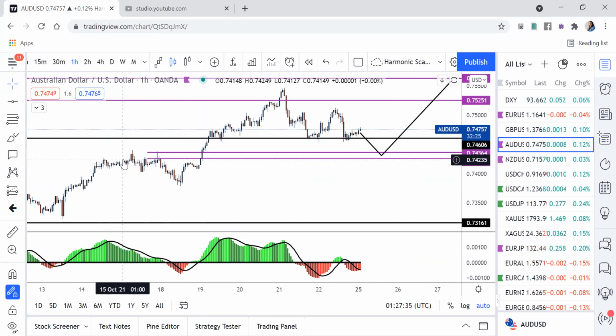So I had a break of structure. I also have an imbalanced candle. So if you're asking me why I want price to come down to here, it's because I have this imbalanced candle. So I'm looking for this imbalance to be filled and then for price to continue to the upside.